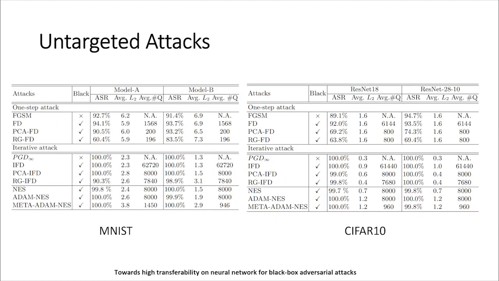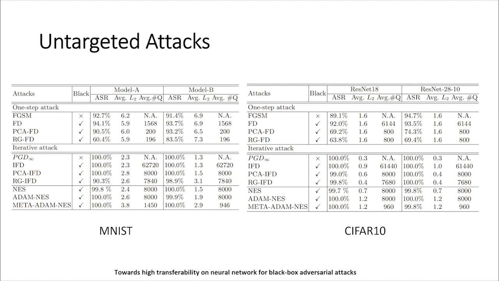We will use ASR, average L2, and average queries as the evaluation metrics in the experiments. ASR is the main evaluation metric, which means the success ratio of achieving the attack target. To evaluate the perturbation, we use the average L2 distortion distance between the original image and the adversarial example as the evaluation metric.